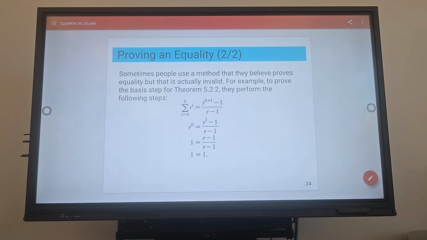Sometimes people use a method they believe proves the equality but is actually invalid. For example, to prove the basis step for theorem 5.2.2, they perform the following steps. Is that the case? Is that a valid manipulation?